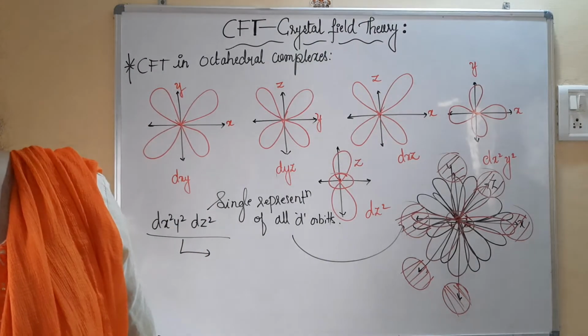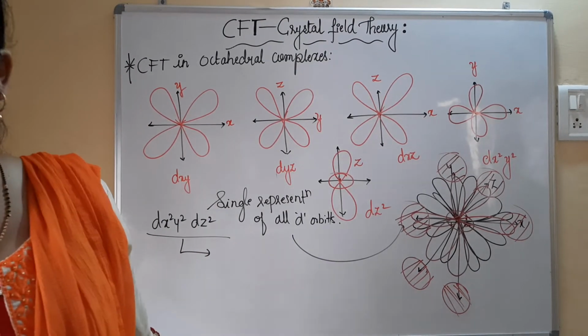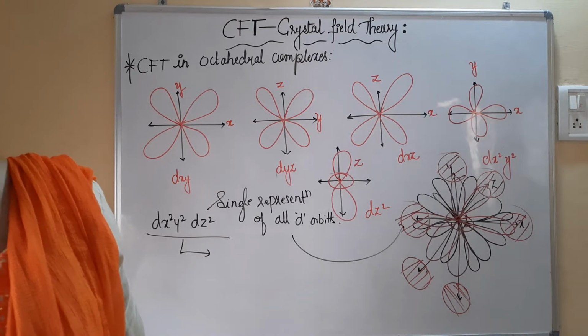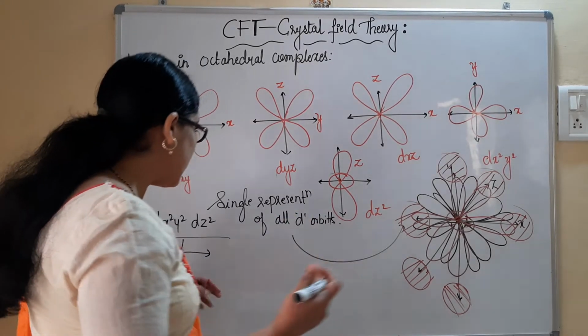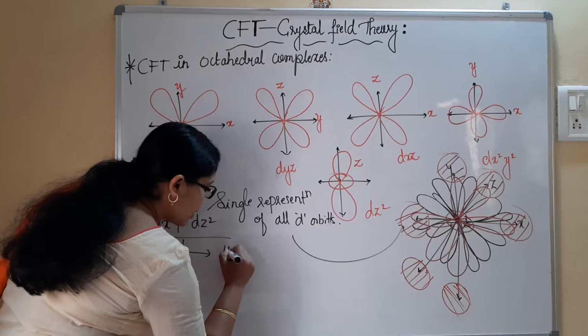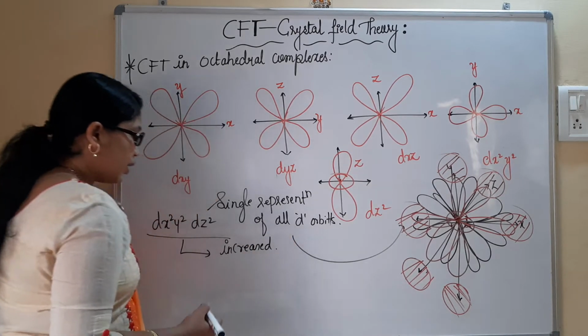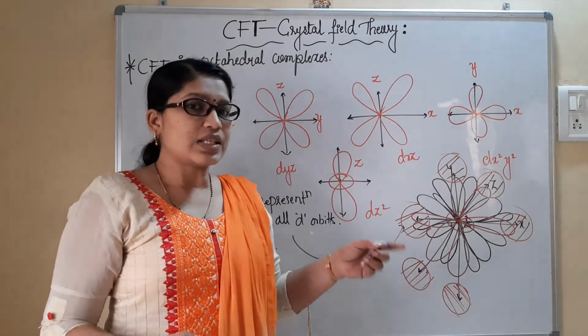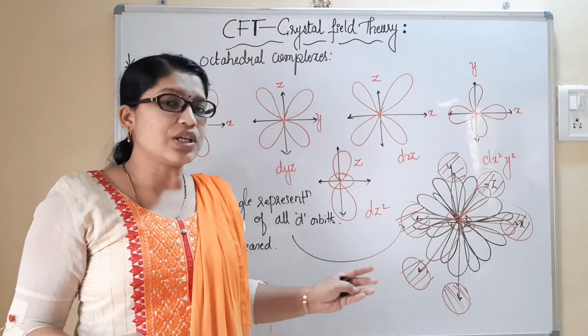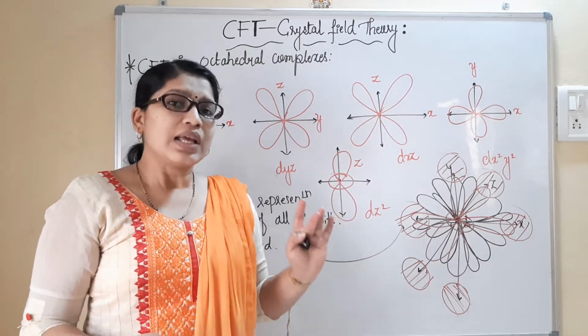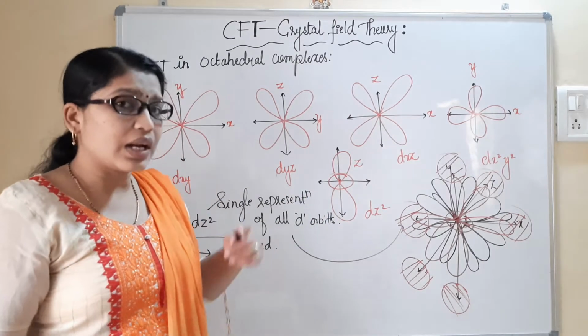They are going to show higher energy because they are repelled. Similarly, the rest of the orbitals which are not present along the axis have their energy decreased relatively.